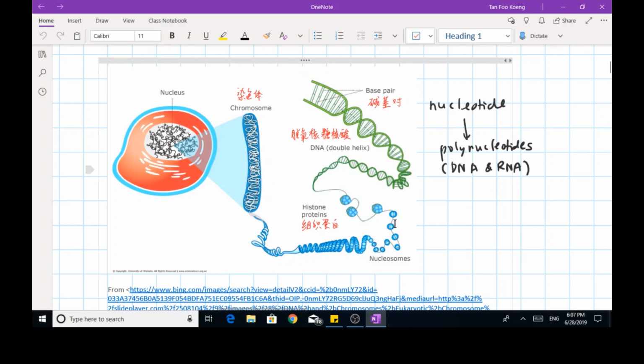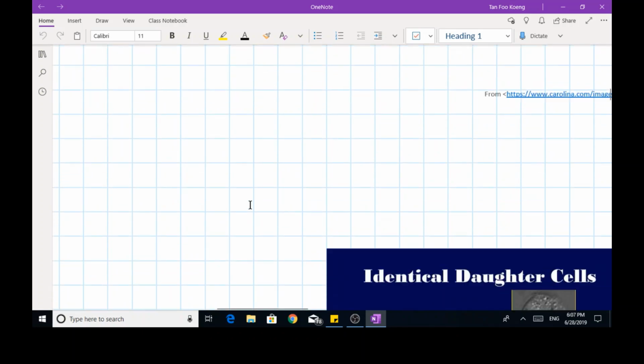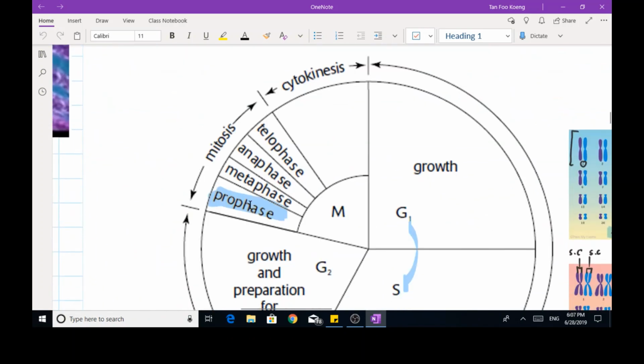How is it done? It is done by compaction. All the DNA together with the histone proteins coil themselves and compact themselves to form a condensed form known as chromosome.